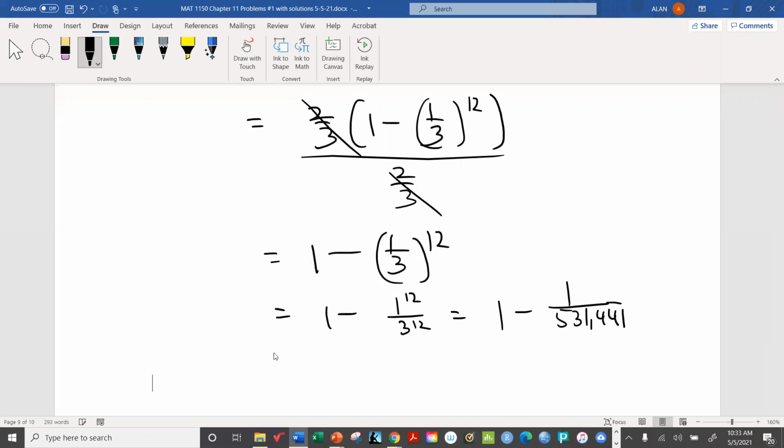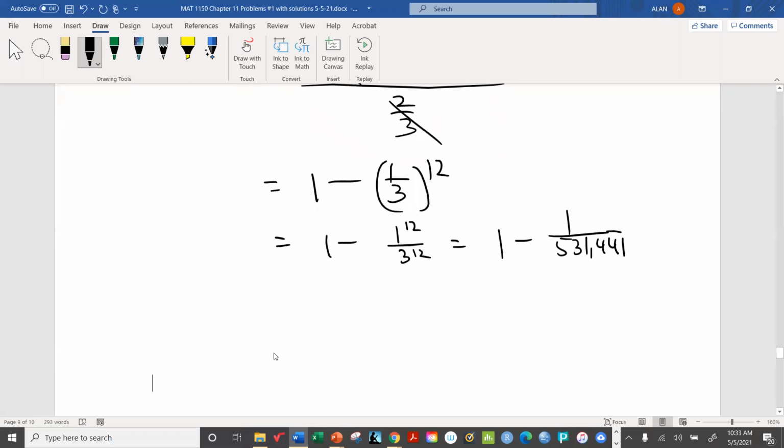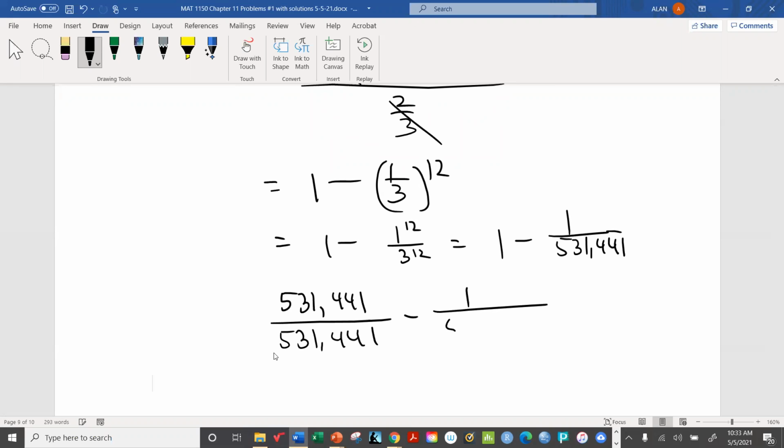So there's that old familiar 531,441. Now I'd like to consolidate these into a single ratio. Then in the numerator, I have 531,440, and down here, I've got 531,441. Yes, okay, so it's going to be just a tiny bit short of 1.